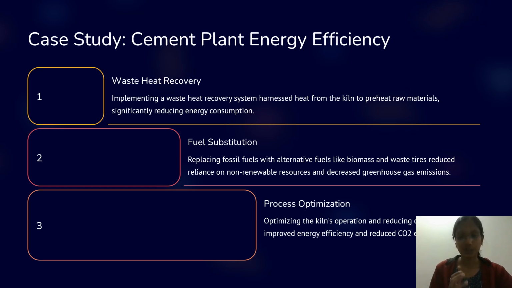Then I have fuel substitution, like replacing fossil fuels with alternative fuels like biomass and waste, which reduced reliance on non-renewable resources and decreased greenhouse gas emissions. Then I have process optimization, optimizing kiln operations to improve the energy efficiency and reduce CO2 and harmful gases.